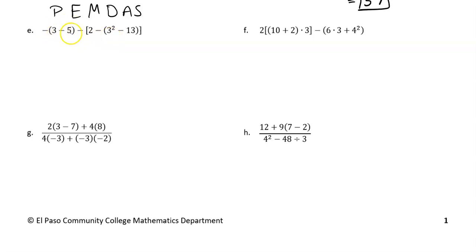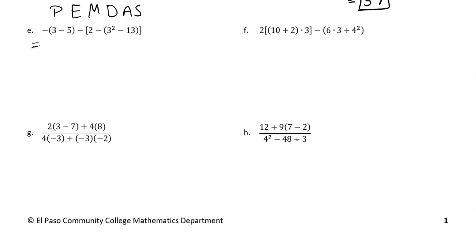I see them at the beginning, I see them here, and I also see these square brackets that are going to act the same as parentheses. But like any other problem, we're still going to apply those operations inside of the parentheses first.